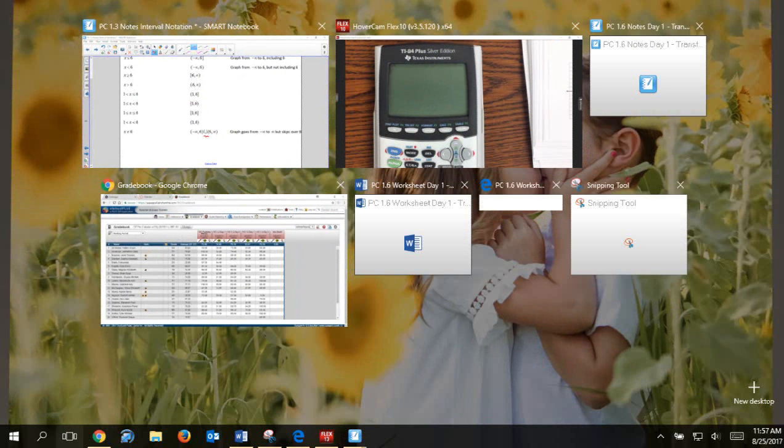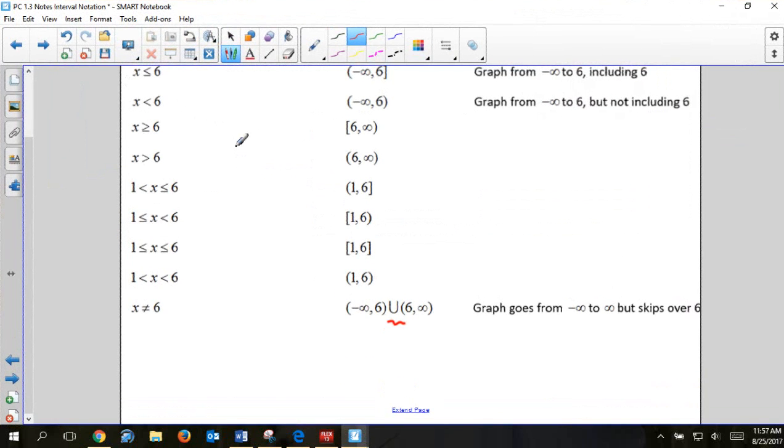Does anybody remember what that is called from a previous course? The U, anybody remember? Do you know what the U is? Yeah, it means union, right.